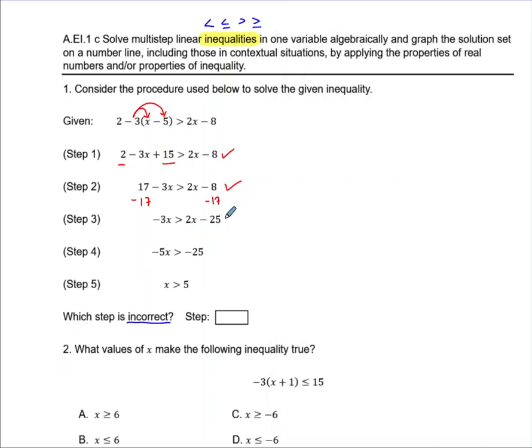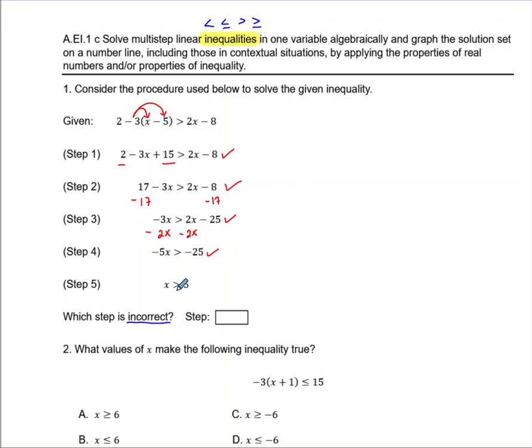Yep, that part also looks good. Copy everything else down. Then the next thing is we want to take the 2x over, subtract the 2x. So -3 minus 2 is -5. Copy down the -25. That looks good.